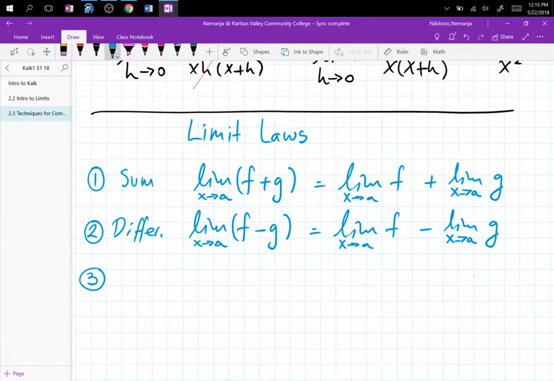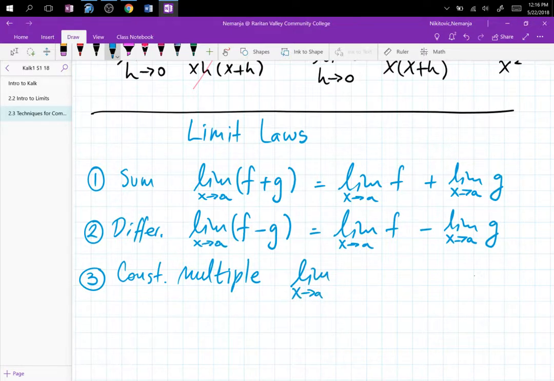Number 3, constant multiple. So limit as x approaches a of some constant c times function f. You can keep the constant in front of the limit and just focus on taking the limit of the function, and then whatever that constant was, multiply by that constant later.